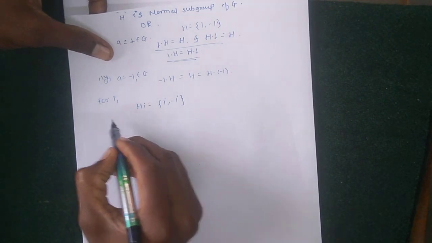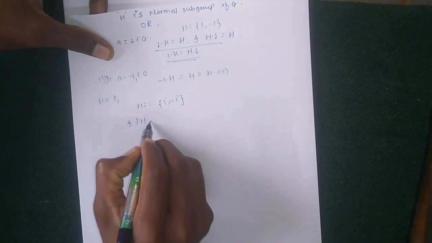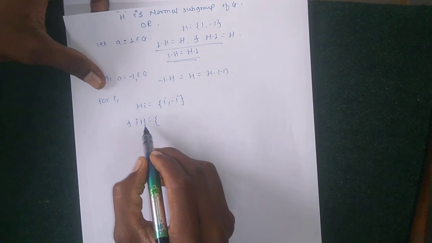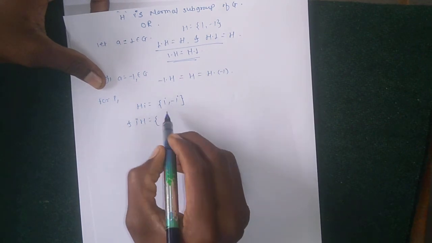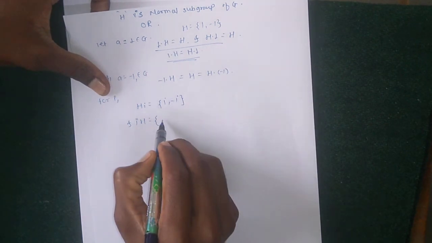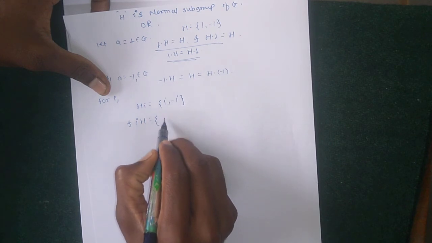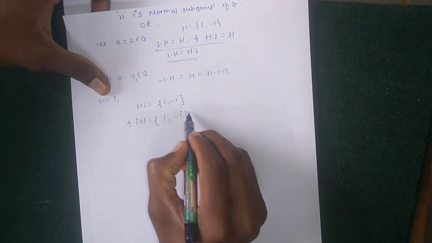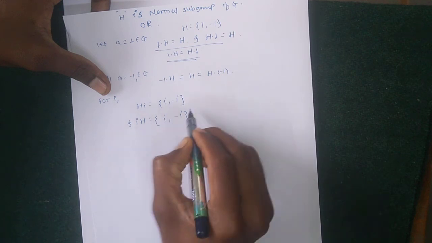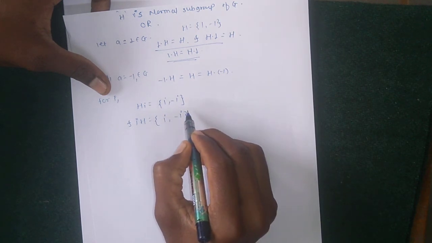So the left coset i H is {i, minus i}, and H i is the same, so the left coset and right coset are the same.